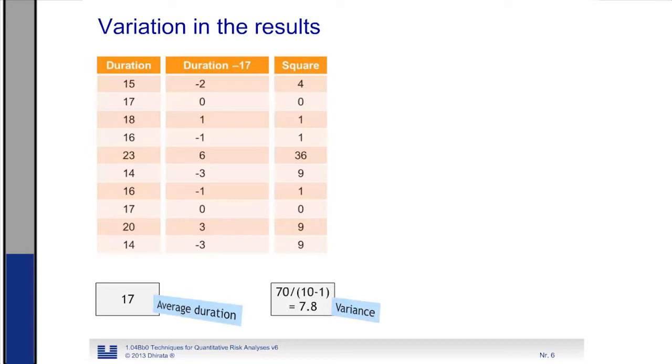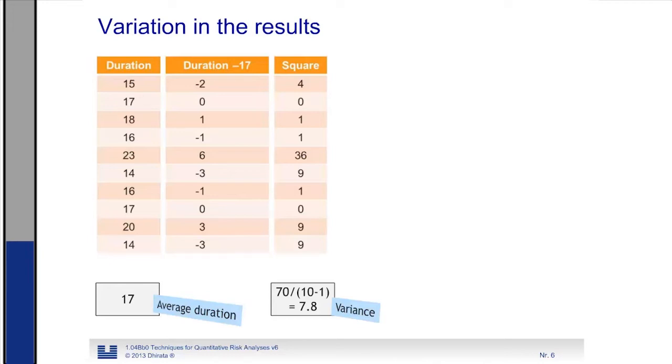So this gives us 70, and then we normally divide it by the number of measures we have minus 1, and this gives us 7.8. This figure is the variance of this distribution. The larger the variance, the greater the uncertainty is.